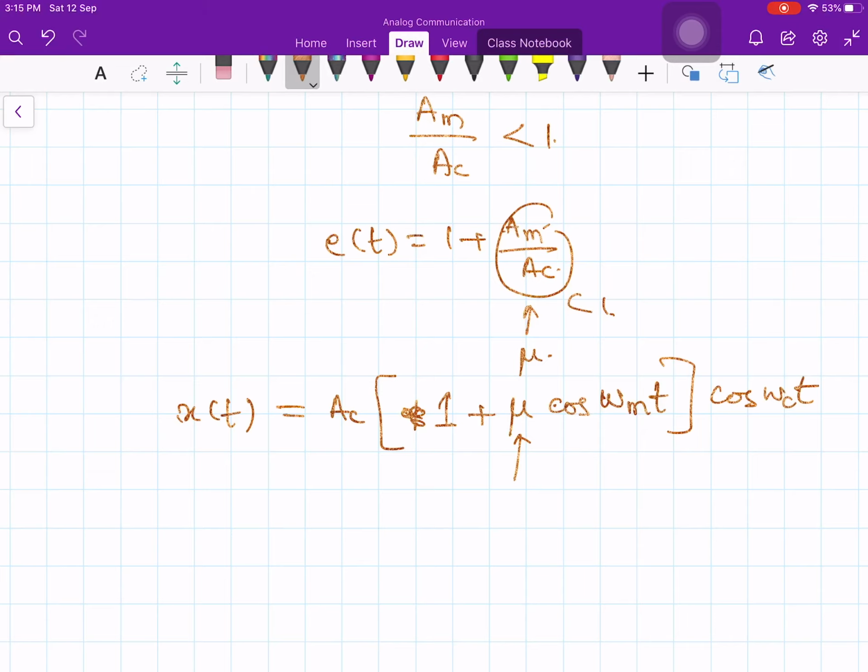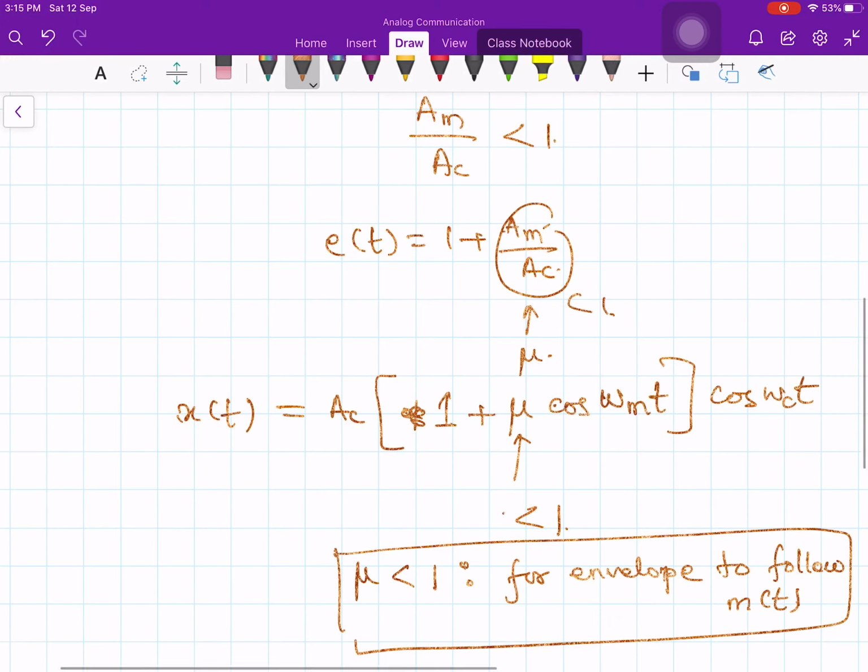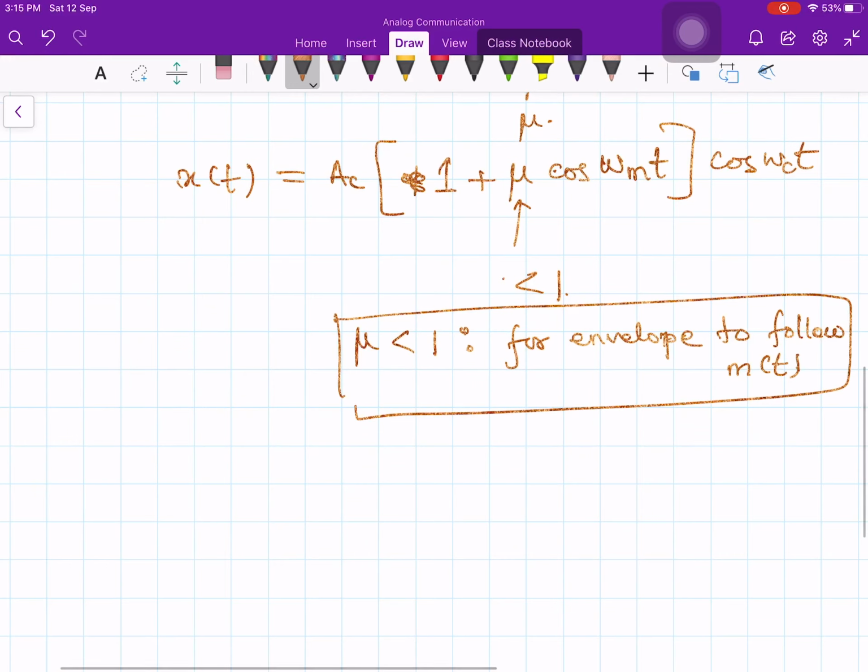It should be less than 1 for the envelope to follow m of t, otherwise distortion will come. This we already discussed. For the envelope to follow m of t, the modulation index should be less than 1. So the percentage of modulation index should be less than 100%.